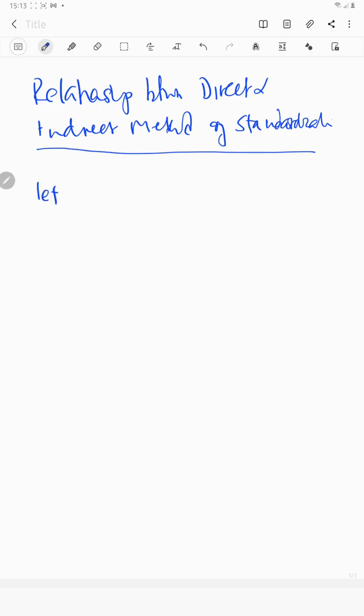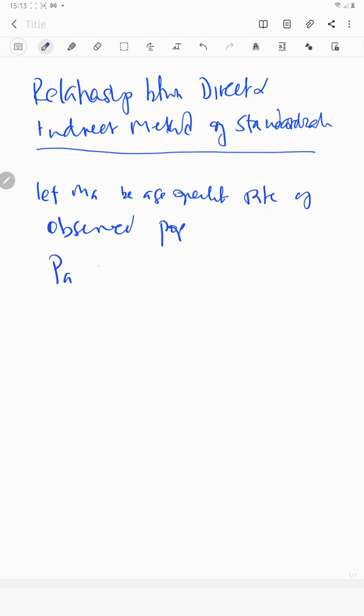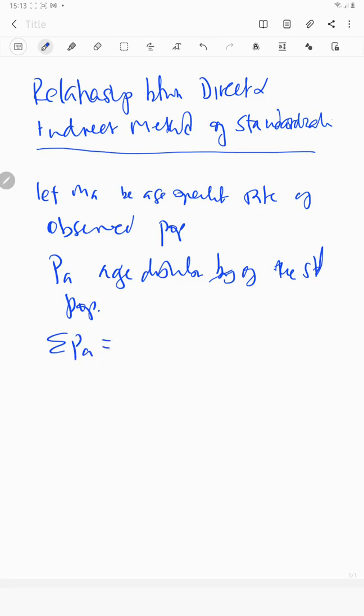When comparing, let MA be the age-specific rate, which is observed of the observed population, and at the same time PA be the age distribution of the standard population, and therefore in this case summation of PA is equal to P.